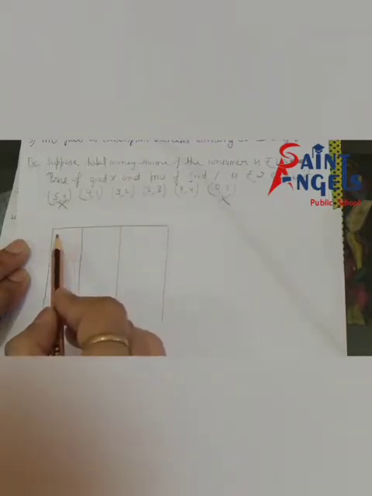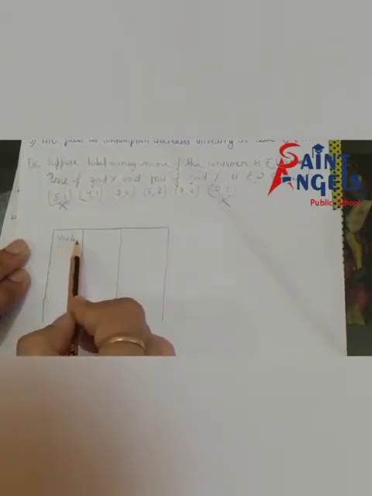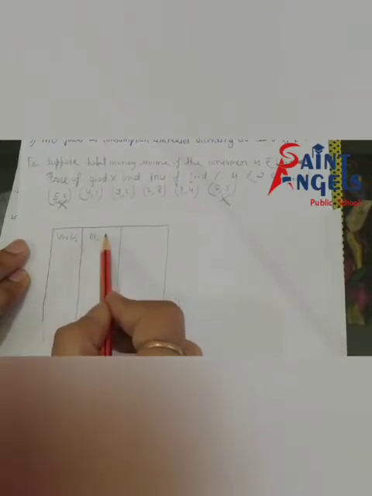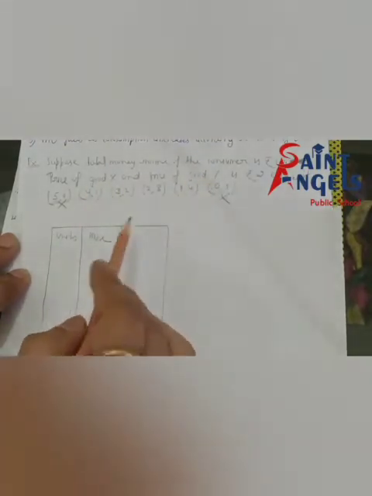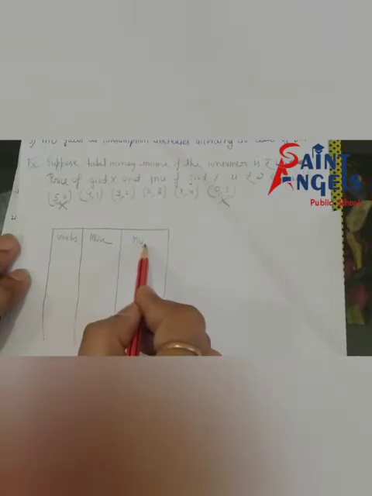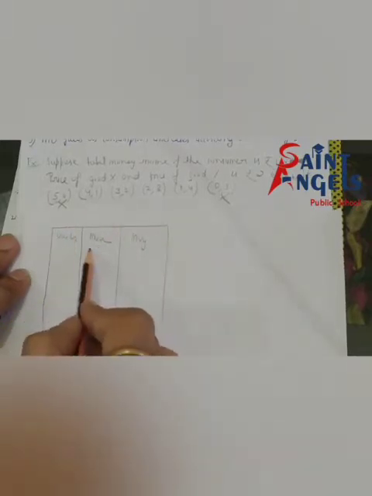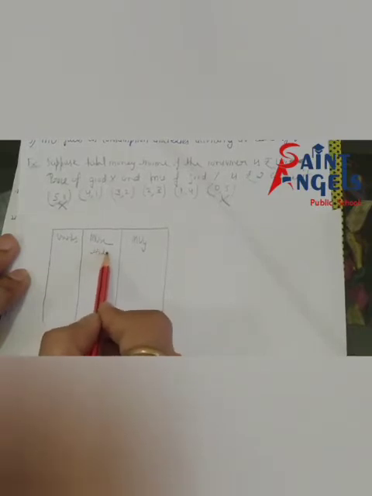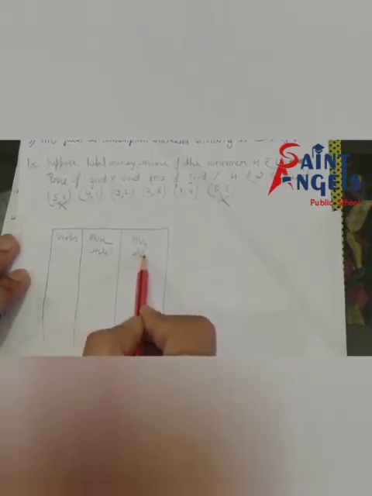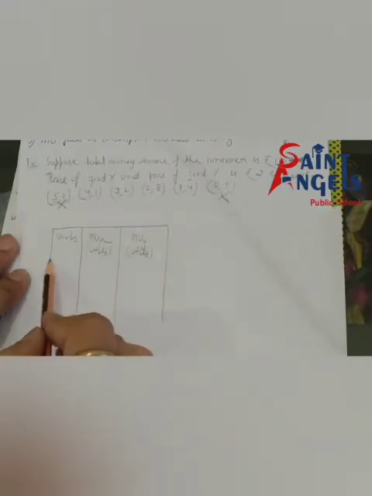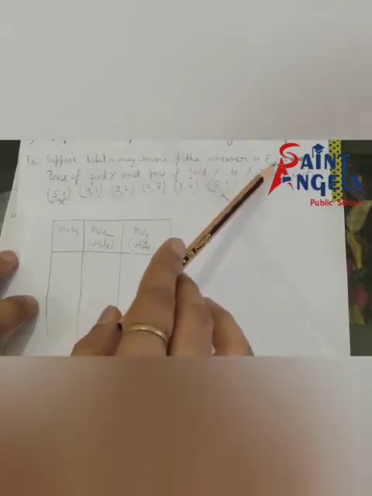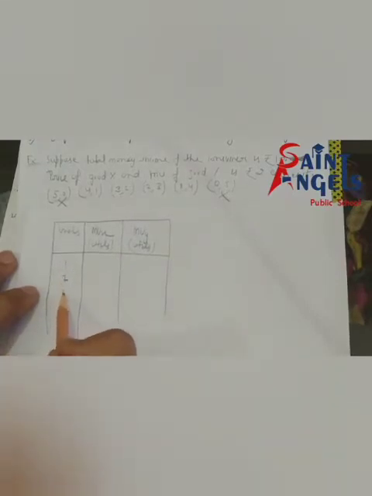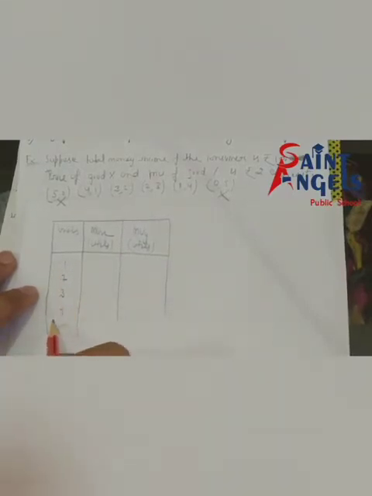The columns are units, marginal utility of good X, and marginal utility of good Y, in utils. The maximum units we can purchase according to this example is 5 units: 1, 2, 3, 4, 5.